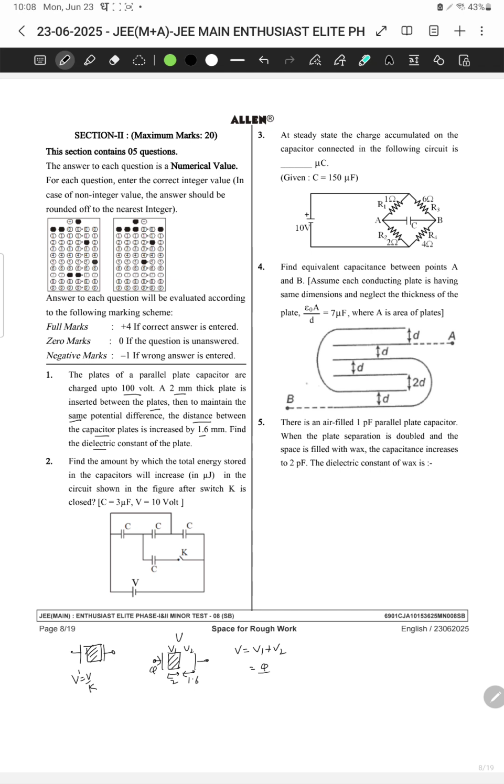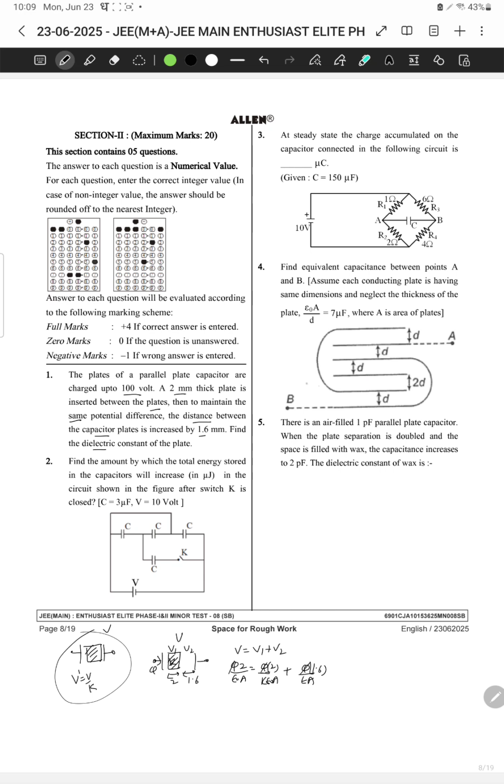So Q by C, C is K epsilon naught A by 2 for the dielectric part, plus Q by epsilon naught A by 1.6, and this will be V. When there was no dielectric, it was Q by epsilon naught A by 2, since the distance between them is 2 only.